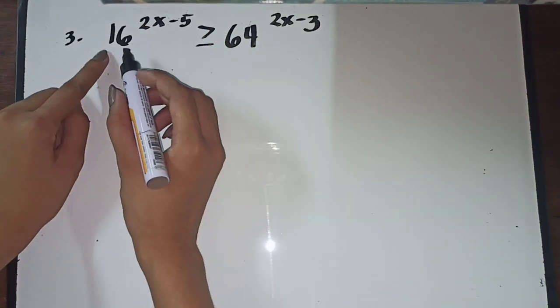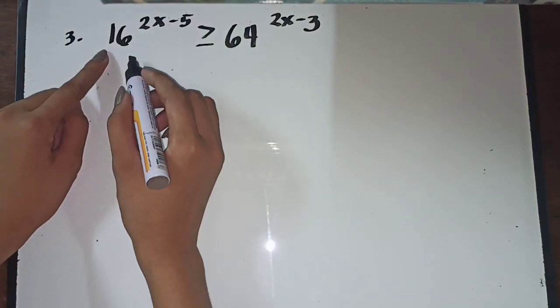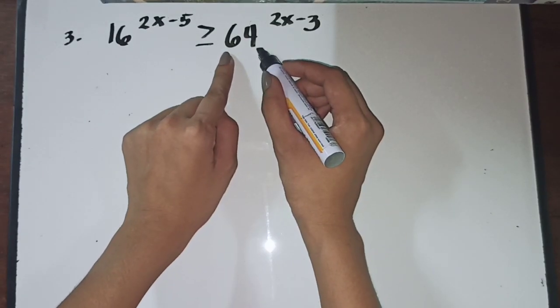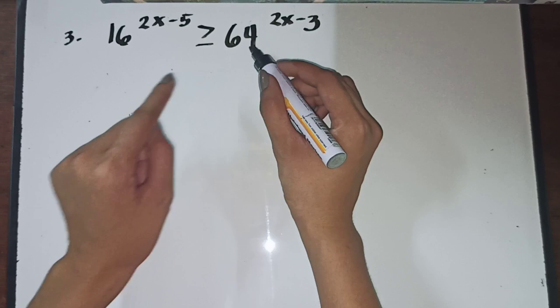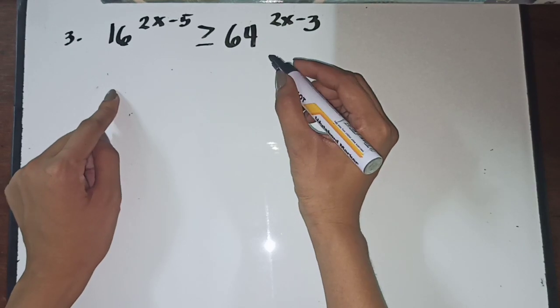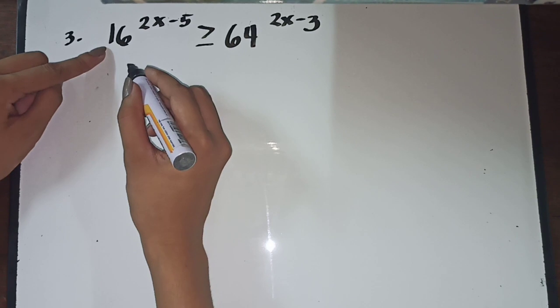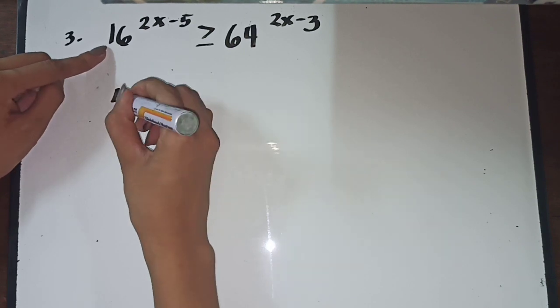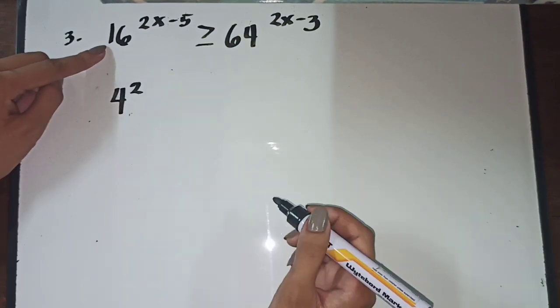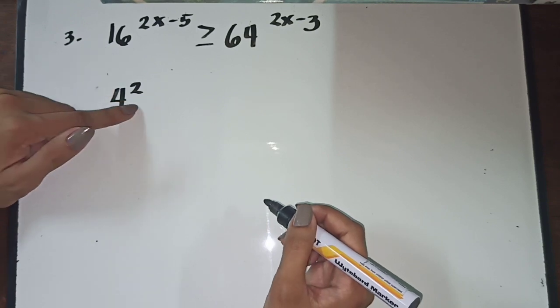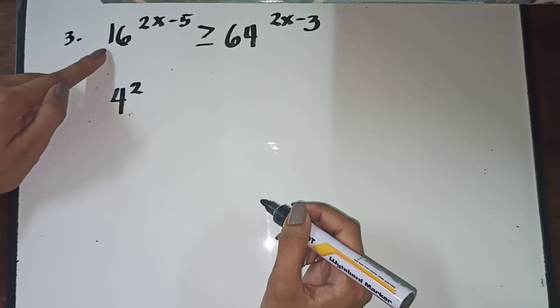Convert the 16 or change this 16 into an exponential form and change this 64 into an exponential form. Okay? Nang may magkatulad silang base. So, itong 16, pwede ko siya isulat as 4 squared. Okay, so bakit 4 squared? Because 4 raised to 2 is equal to 16.